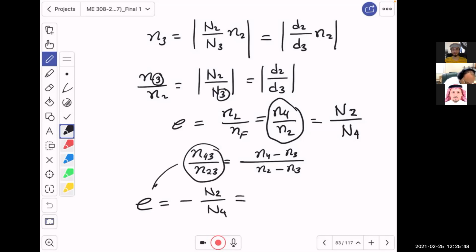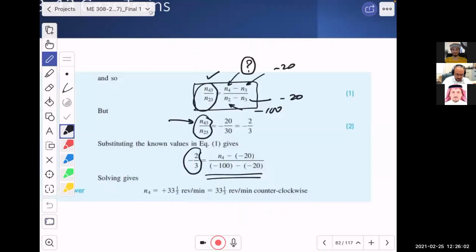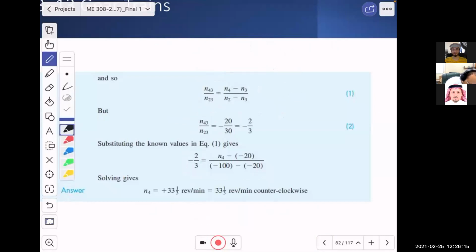This one now is this, which is the same as this. So this is equal to N4 minus N3 divided by N2 minus N3. Now, if you go to the solution, you will see that, so what did we say? We said that this is the same as N2 and N4.